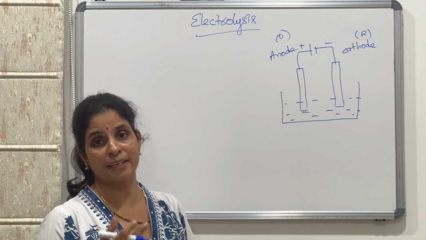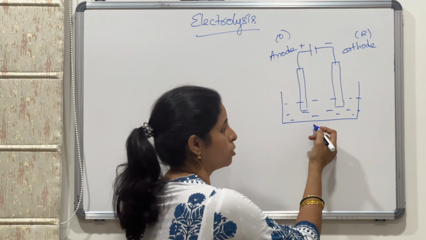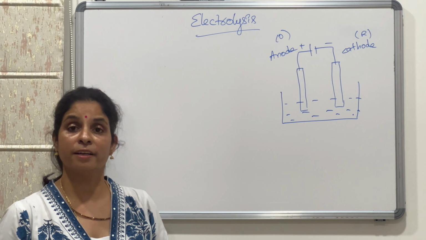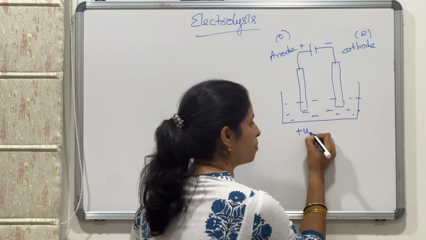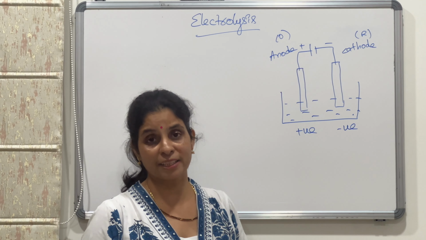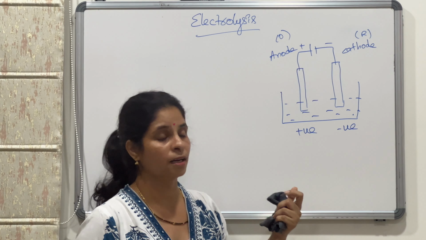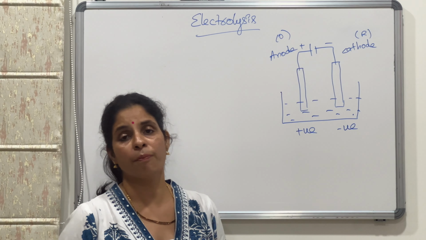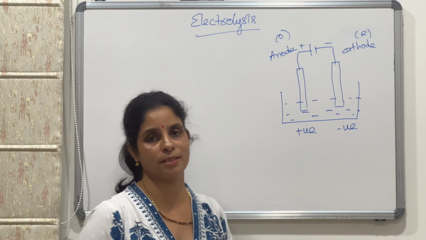Two electrodes are dipped in an electrolytic solution. When the electric current is passed, what will happen? The electrolytic solution contains different ions, meaning it may contain positively charged and negatively charged ions. When electricity is passed through an electrolytic solution like this, these ions will migrate towards the respective electrodes and get deposited there.